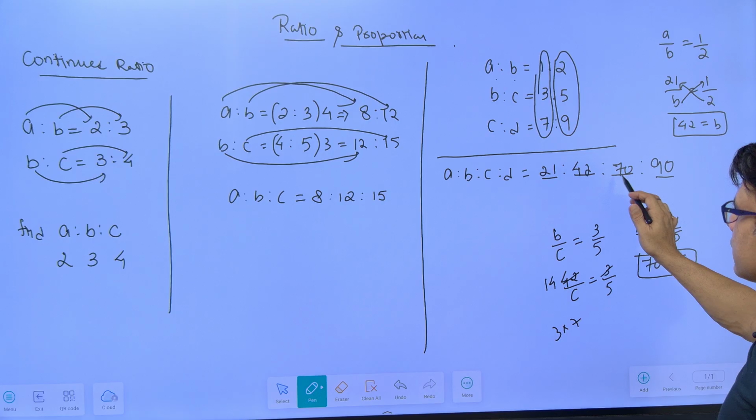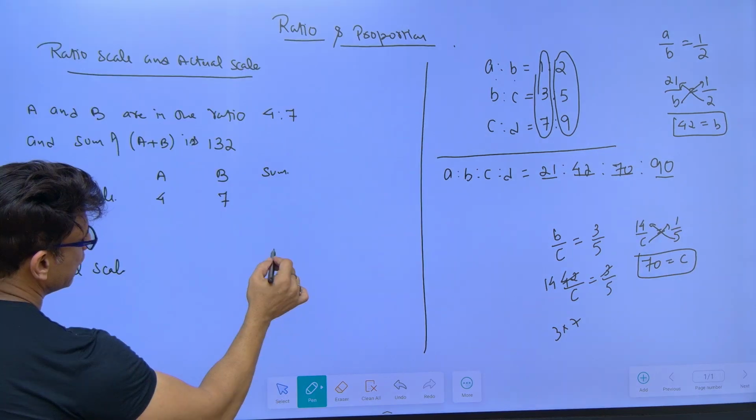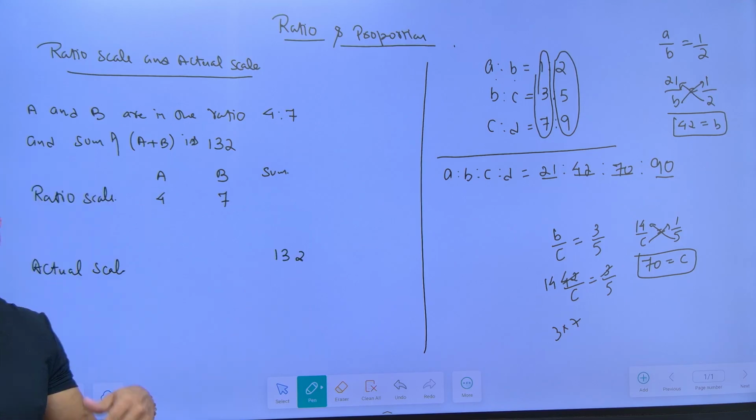This sum is given as what? 132, right? So actually their sum is given and numbers are given in the ratio scale. Numbers are in the ratio. So tell me one thing. What is their sum on ratio scale? 11. But what is their actual sum?